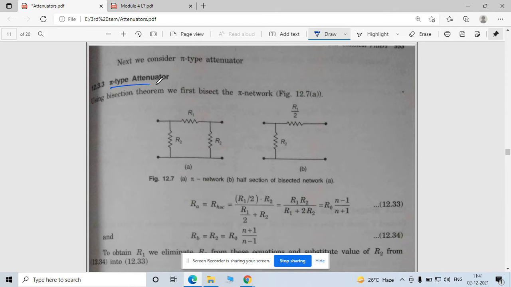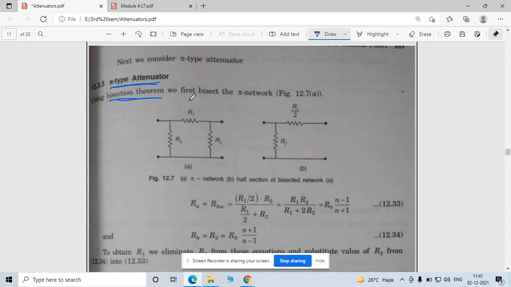Now second is the pi type of attenuator. In the pi type of network, in the same way you can use the bisection theorem for realizing this network as a balanced network. Now this is symmetrical but in unbalanced form. So convert it into the balanced form by dividing into two parts.